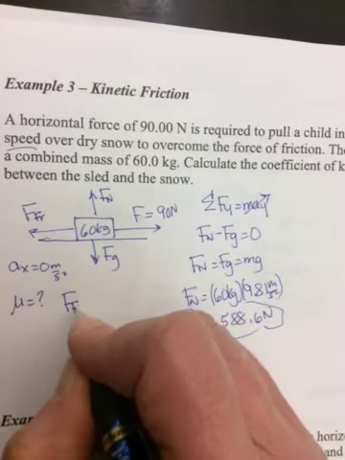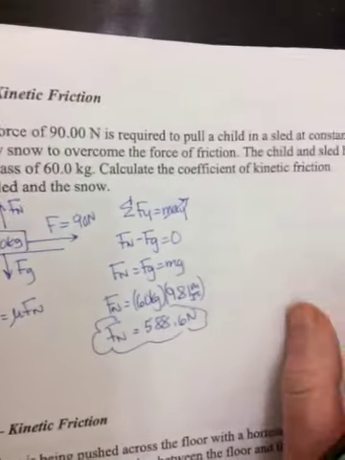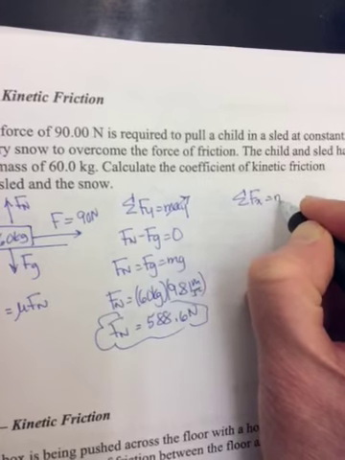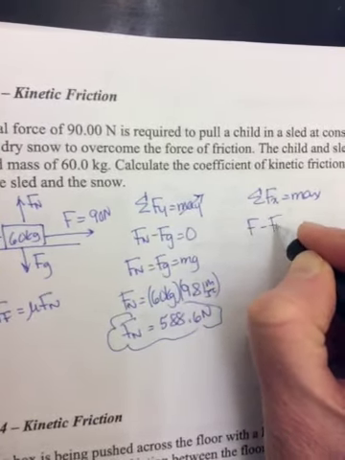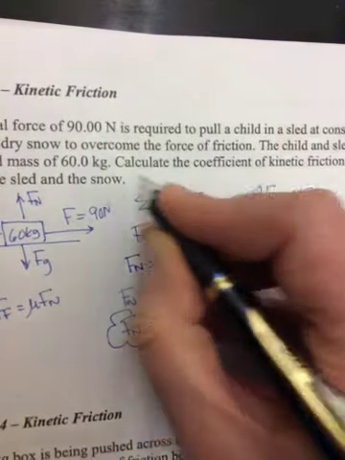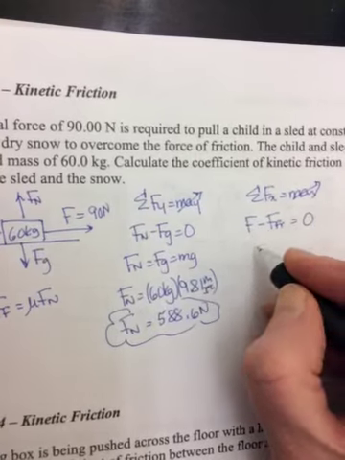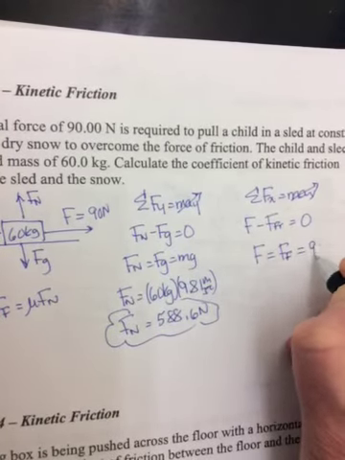We can't do friction equals mu Fn yet because we want mu, but we don't have friction. So we go to the sum of the forces in the x direction equals max. So again, it's F minus friction is equal to, and it says constant speed, which means this goes to 0. So once again, F is equal to friction, which is 90 newtons.